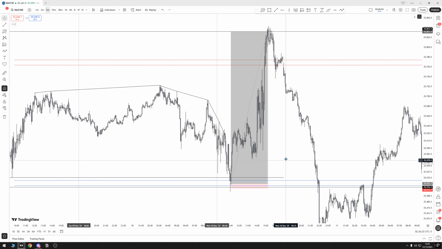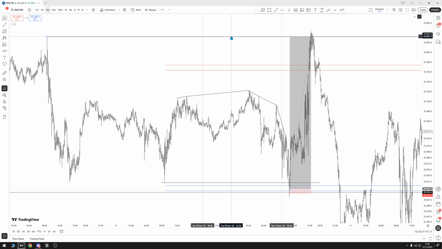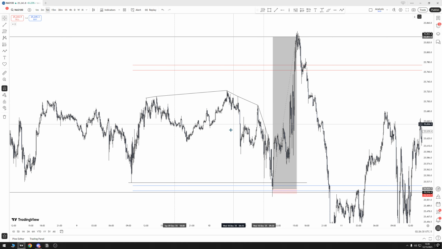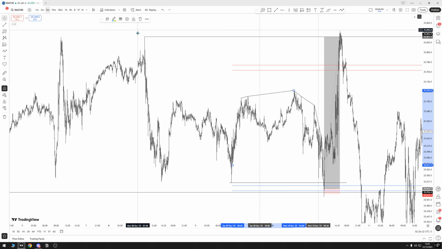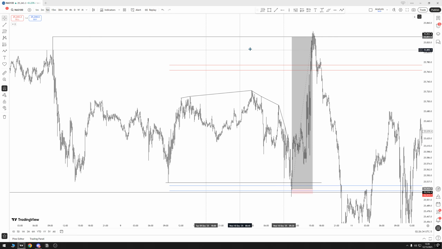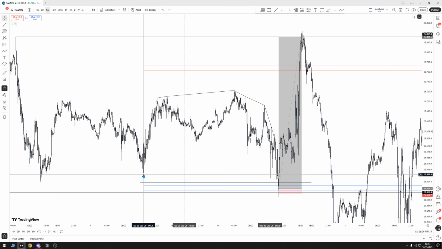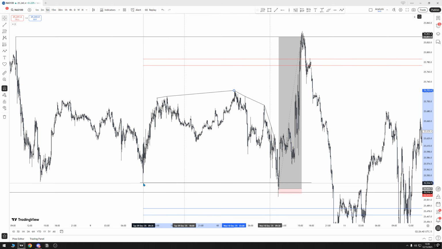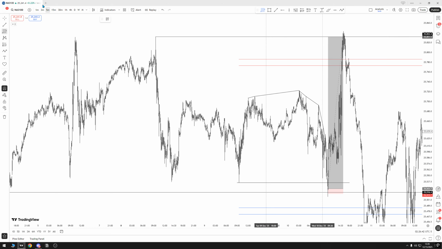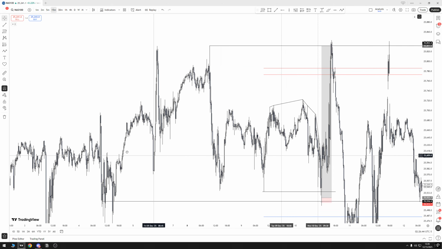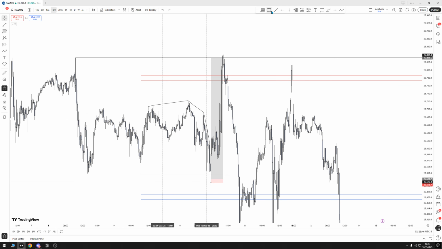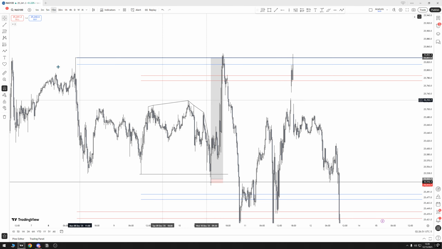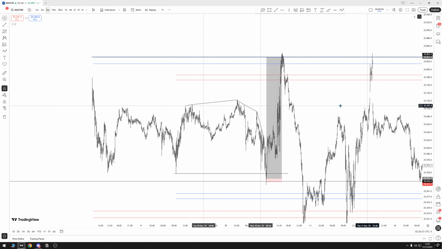So yeah, how you could have caught this is basically you just need two things. You just need the fib and liquidity. That's it. And then if you were to put out the fib, look at this. What do you have now?